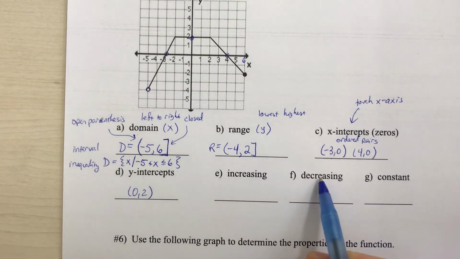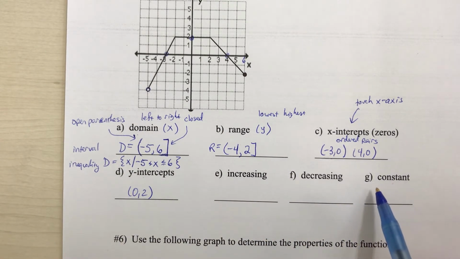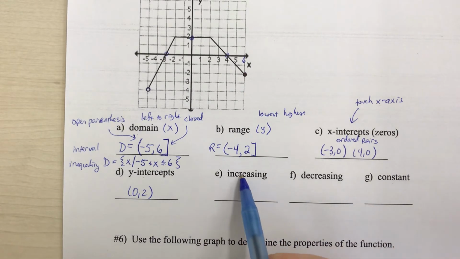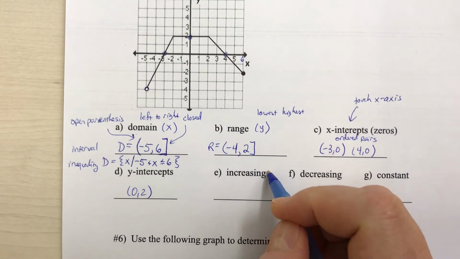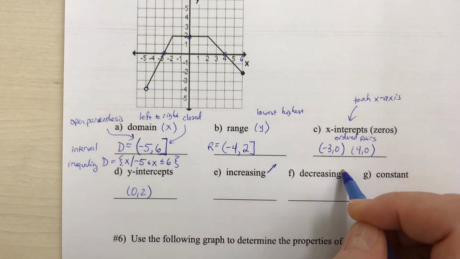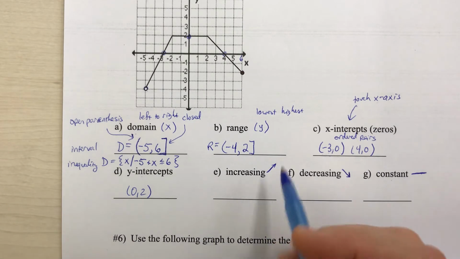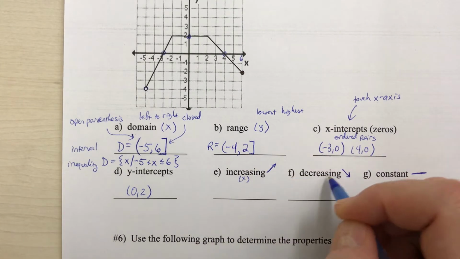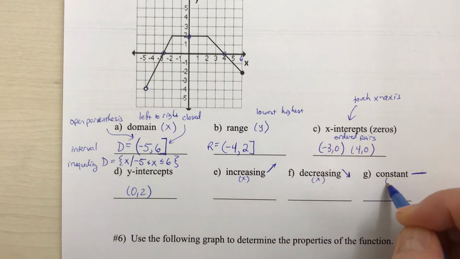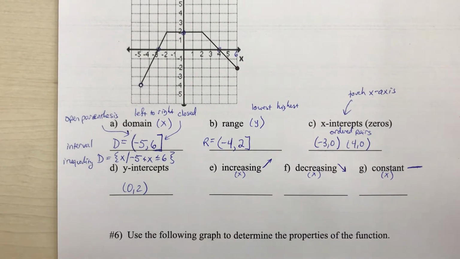All right, now increasing, decreasing, and constant. If you think about this in terms of slope, increasing from left to right is going to go like this. Decreasing would be a negative slope from left to right. Constant would be horizontal for that. All three of these, increasing, decreasing, constant, we write them with the x values where that's happening.